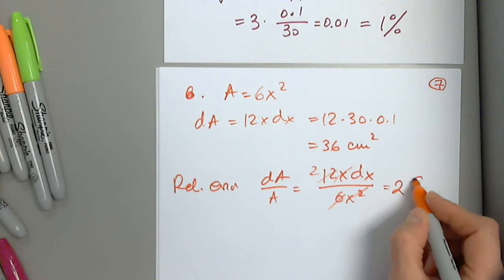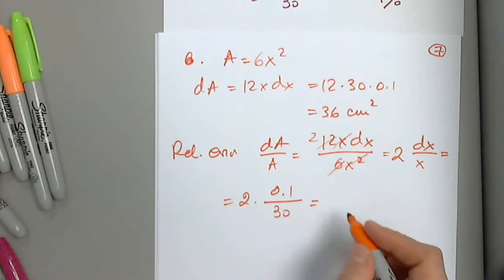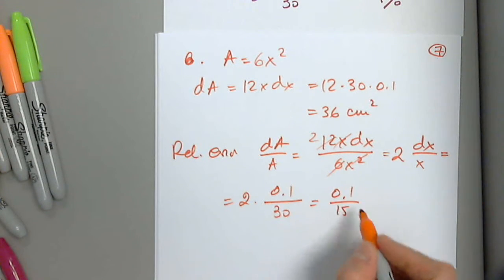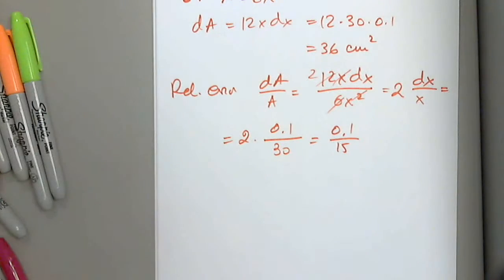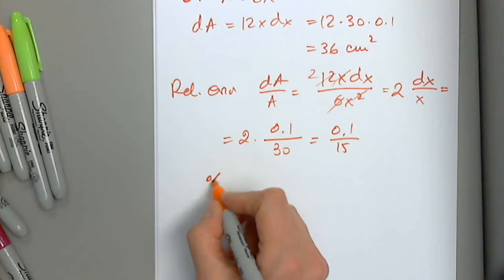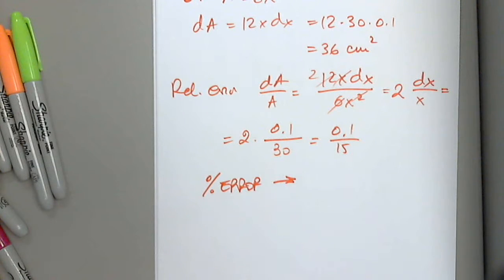So this is twice dx over x, 2 times 0.1 over 30, or 0.1 over 15. And that will also be the percent error. We move the decimal point two places to the right.